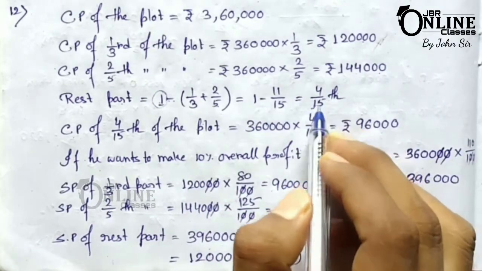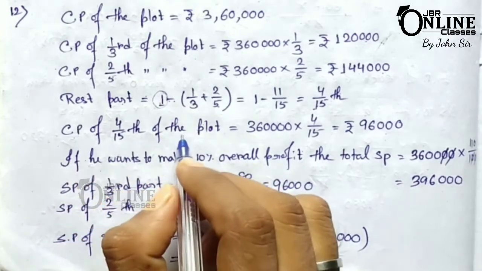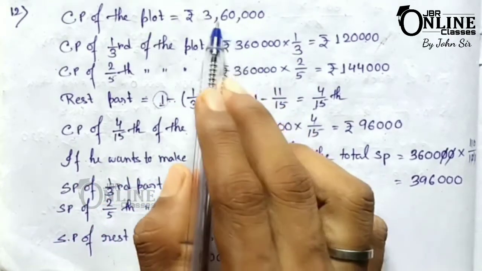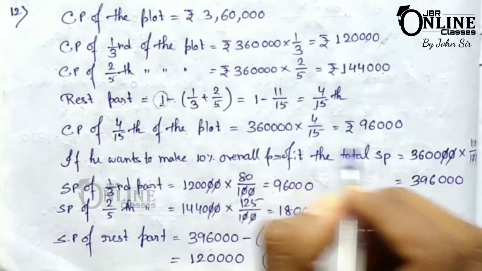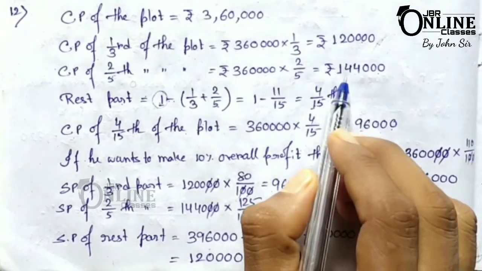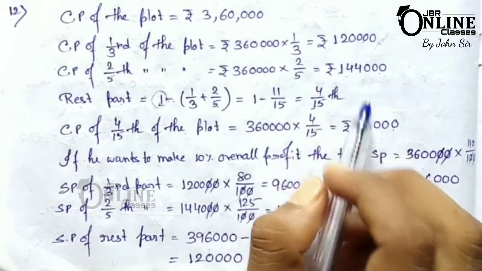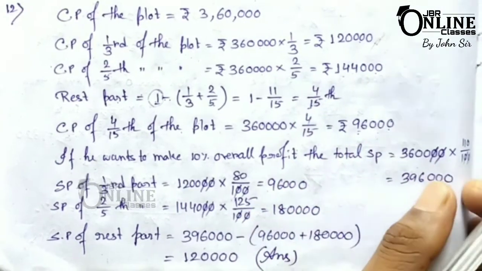So 4 by 5th part is the remaining part. Now CP of the 4 by 5th part equals 3,60,000 into 4 by 5, that equals 96,000. So 1,20,000, 1,44,000 and 96,000 are the CPs of the three parts of that plot.